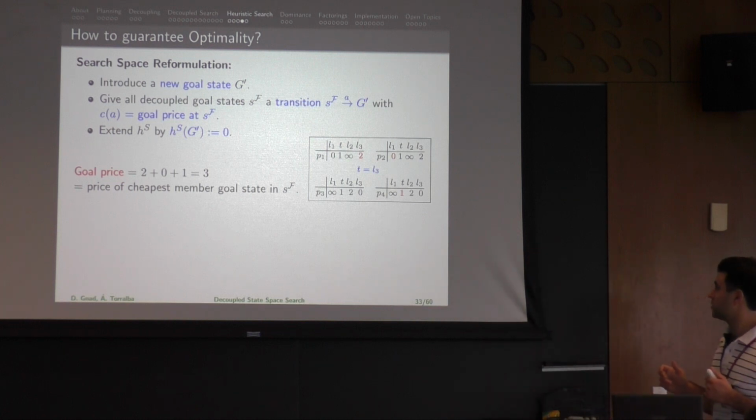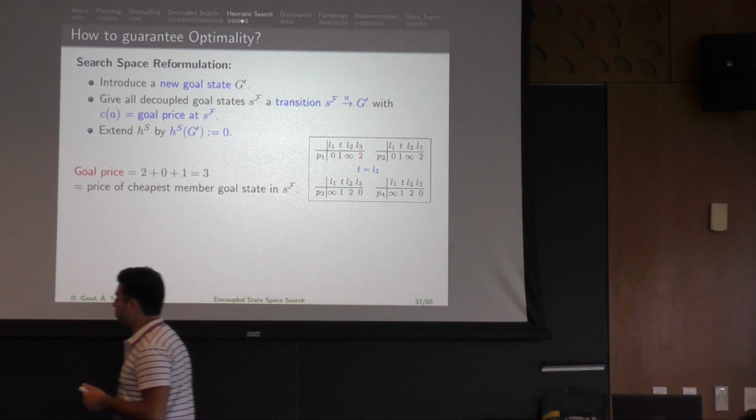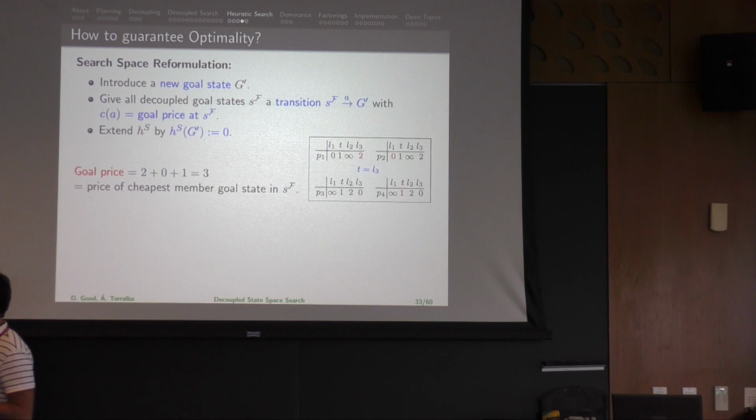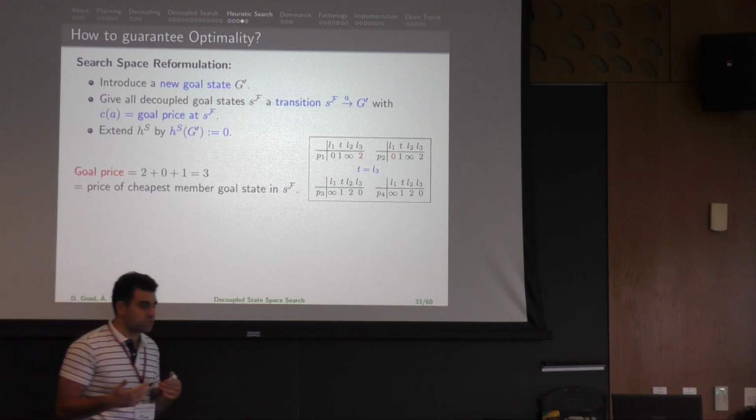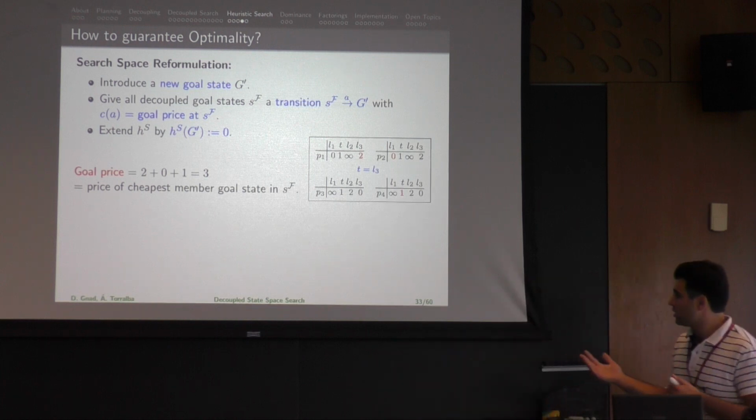And that's the intuition. And if we just do this modification and apply A star search on this graph, then A star will know when the solution is optimal as usual.